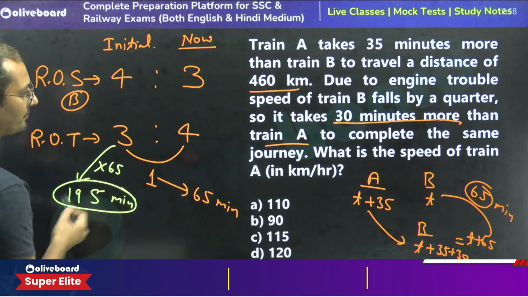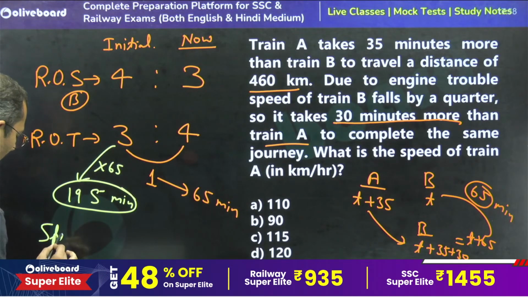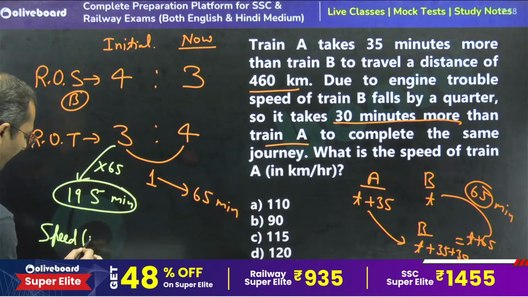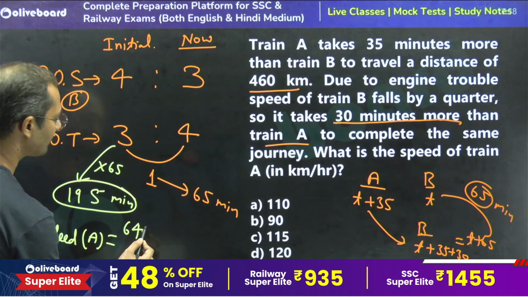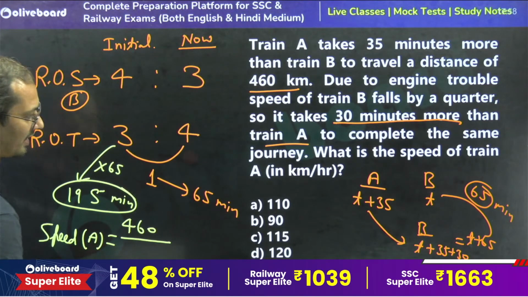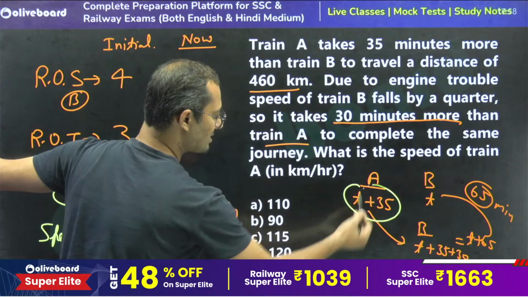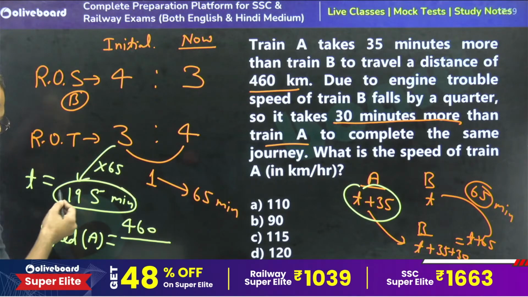So now tell me, the question is asking what is the speed of train A. So the speed of train A is equal to distance, 460, divided by time taken by A. Time taken by A is T plus 35, so T is equal to 195.